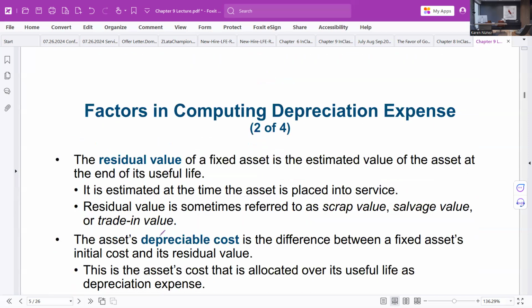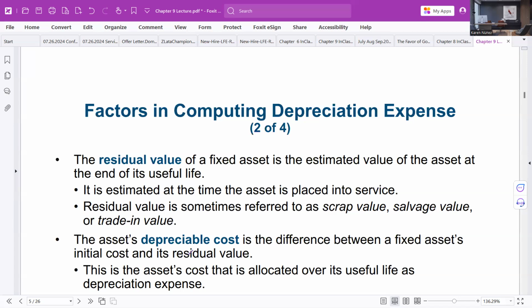So when we put all these factors together, again, the cost of the asset, the useful life, and then the residual value, we put these variables together, and it helps us to determine the depreciation expense.